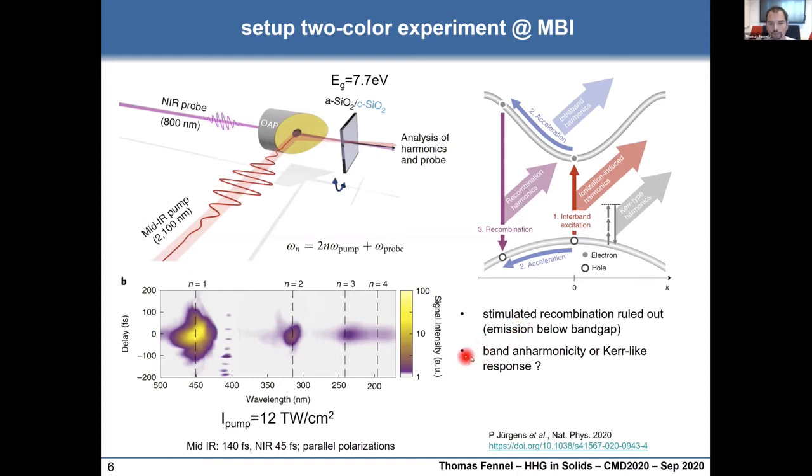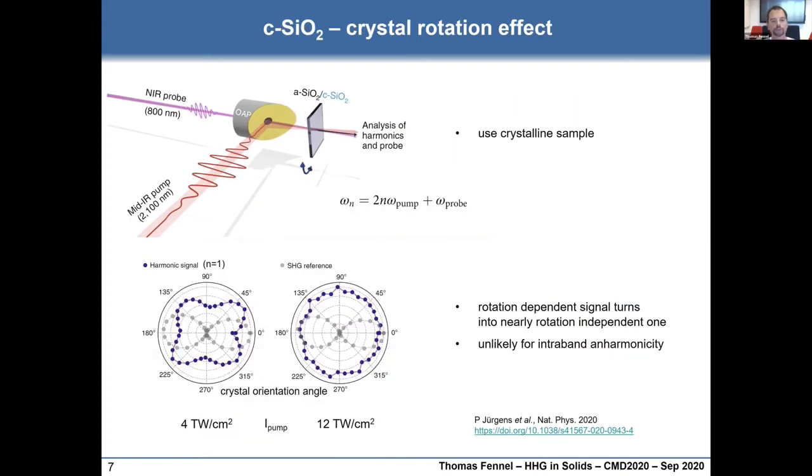However, there's still the question if the signal just stems from band anharmonicity or a Kerr-like response. In order to check this, the measurements were repeated with a crystalline SiO2 sample. Upon rotation of the sample, it is clear that this n equal 1 harmonic signal, which is a three-photon signal, has a crystal orientation dependence for low fields, which we would expect for Kerr, but this rotation dependence vanishes for high intensity.